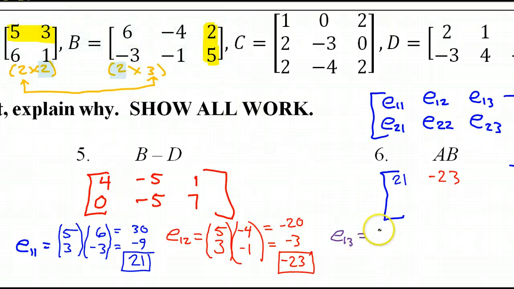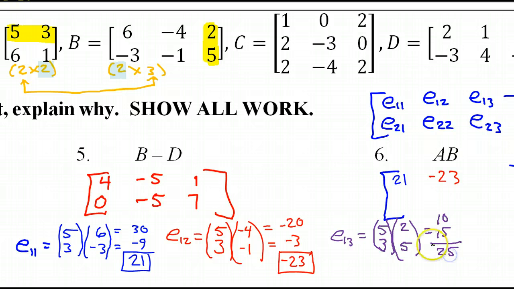So 5, 3 again, and 2, 5. And we will just multiply these together. So that's going to give me 10 and 15, which is 25. Okay, so element 1, 3 is 25.